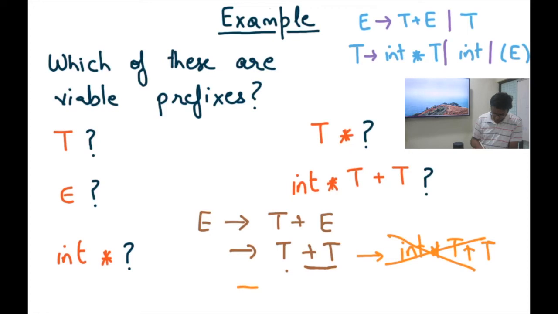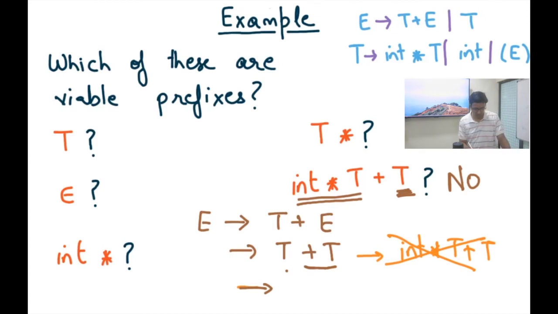And you'll see that no matter what I do, I won't be able to produce int star T plus T as a prefix of a rightmost derivation. The basic reason is that the right T would need to get derived before the left T can be derived into int star T. And so this kind of thing cannot happen in a rightmost derivation. And so the answer is no. This is not a viable prefix.